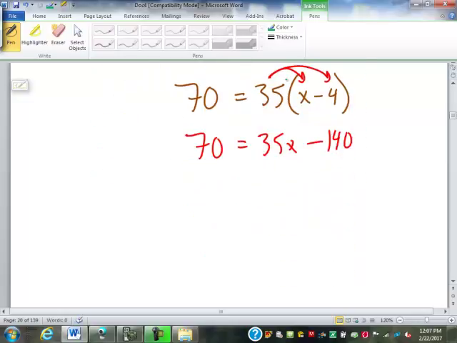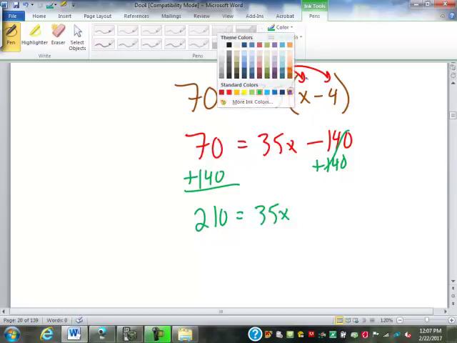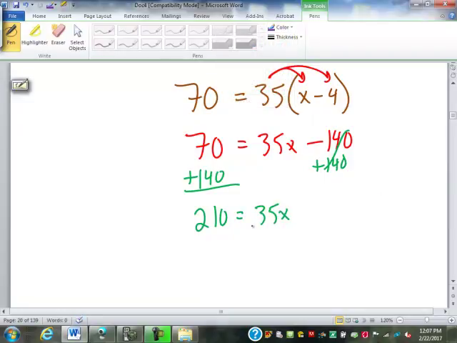What do we do next? Add the 140. Good. So 210 equals 35x. And our last step is what? Divide by 35. So x equals 6.